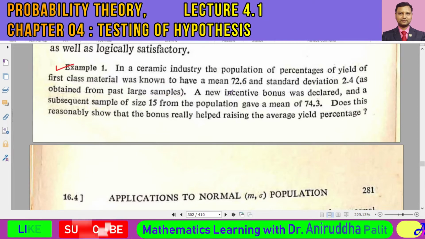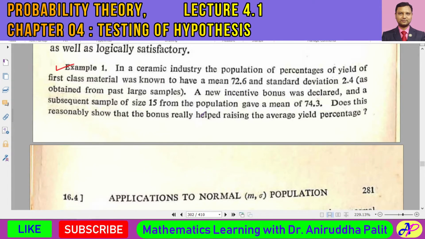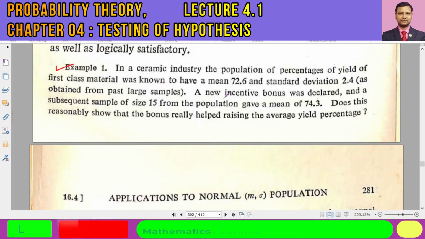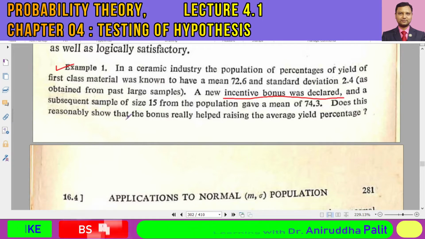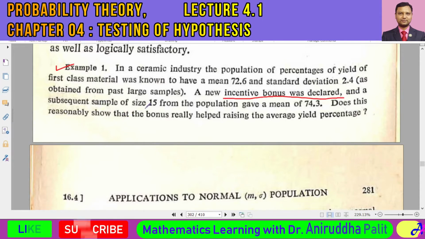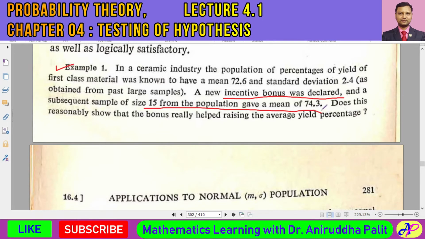Now, what is the owner of the company doing? It is giving some incentive bonus to the workers. A new incentive bonus was declared, and a subsequent sample of size 15 from the population gave a mean of 74.3.